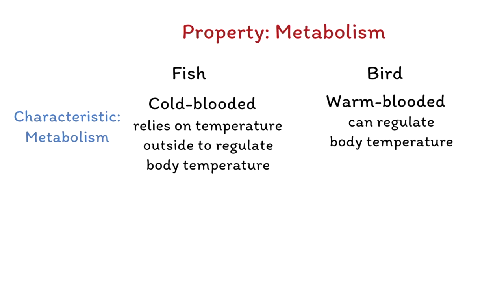Birds have a high metabolic rate to generate the heat required to maintain their body temperature, which is typically higher than that of fish. In summary, both fish and birds have metabolism as a property of life, but their metabolic rates and processes differ based on their distinct lifestyles and habitats, meaning their metabolism characteristics are different.